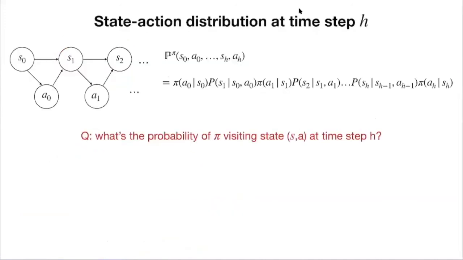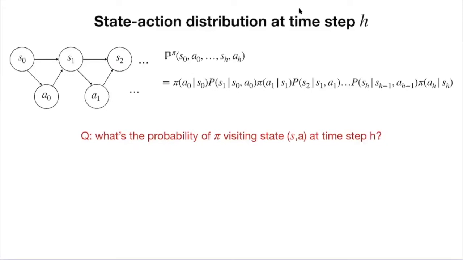All right, so that's the definition for a trajectory. Now I'm interested in a different quantity, which is the probability of a policy pi visiting a particular state-action pair at a particular time step H. There might be many trajectories that can lead to a state-action pair, s, a, at time step H, but I don't care how you reach it. I only care about the total probability of reaching the state-action pair at time step H. In order to do that, we have to do a marginalization step.